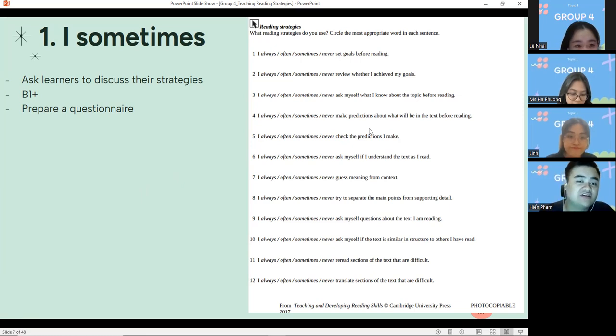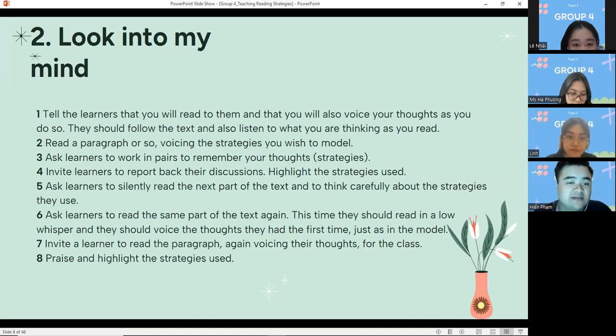The second strategy I want to introduce is "look into my mind". The procedure is modeling the strategy you're going to use and also explaining it. There will be maybe 8 steps. The first step is to tell the learners what you are going to do and then voice your thoughts.